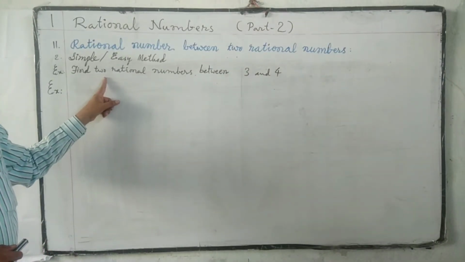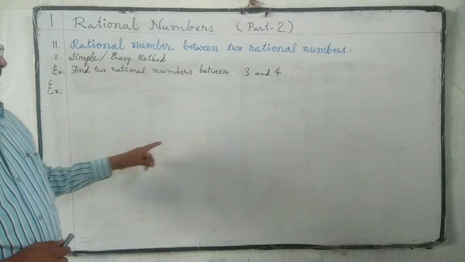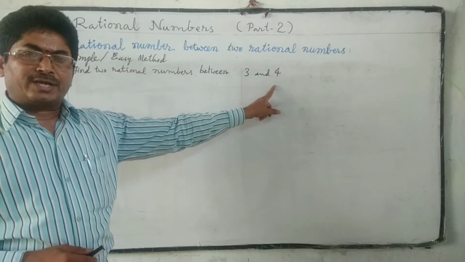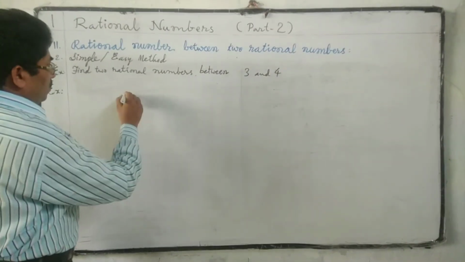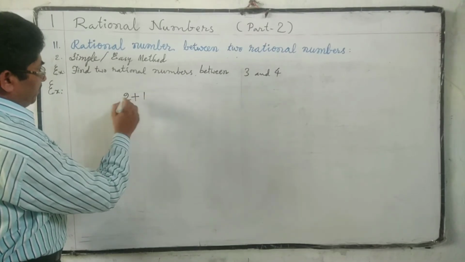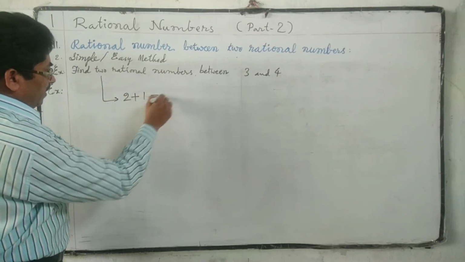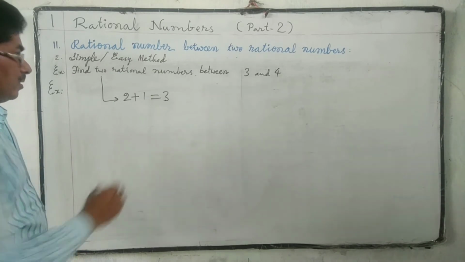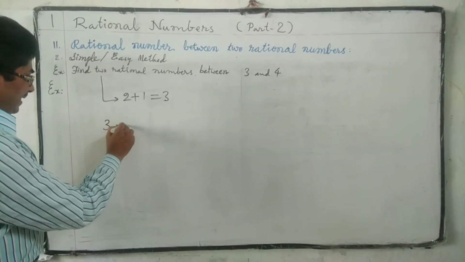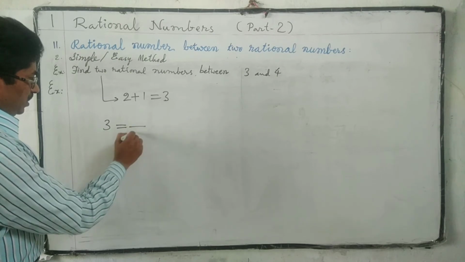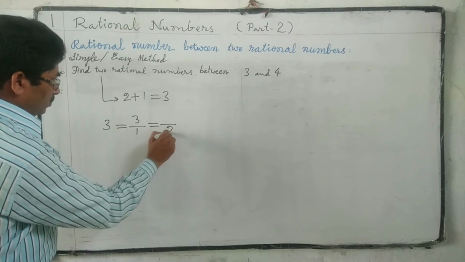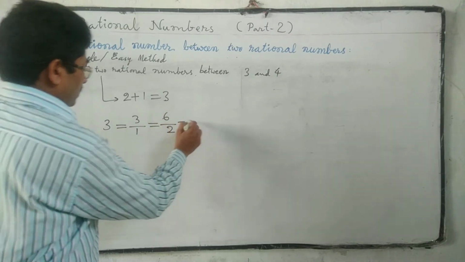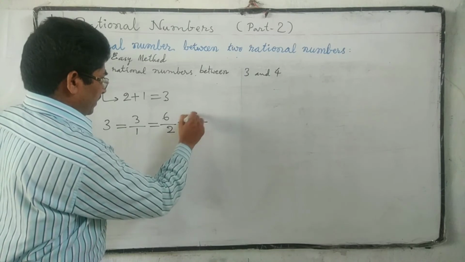Since we have to find two rational numbers, we take denominator 2 plus 1, which is 3. Then 3 is equal to: 3 ones are 3, 3 twos are 6, 3 threes are 9.